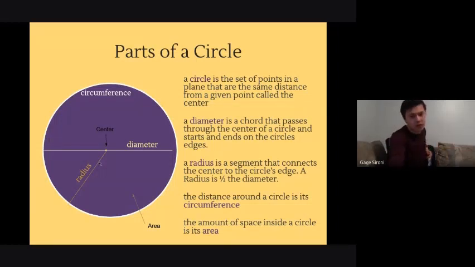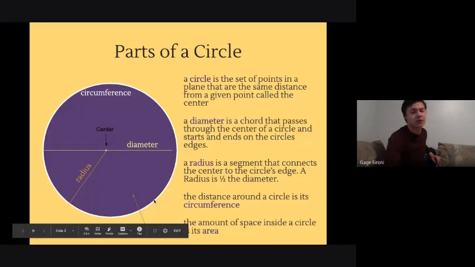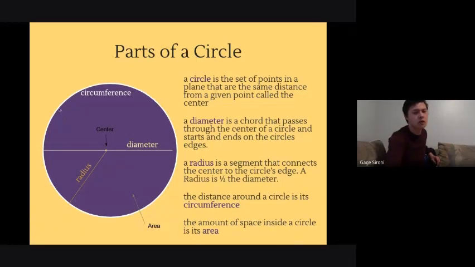So we've got a circle right here, and what this jumble of words means is any point that I pick along the outside of a circle is equal distance from the center. So if I pick this point right here where my cursor is, that point is equal distance from the center as this point down here, that point over there, that point over there. Any spot along the outside of a circle is equidistant from the circle's center.